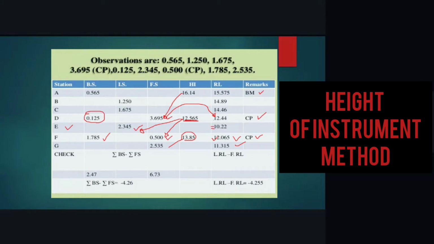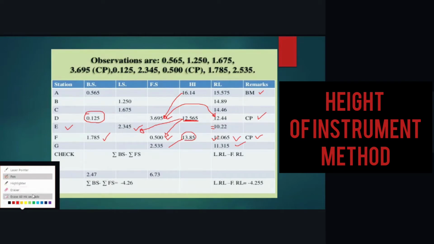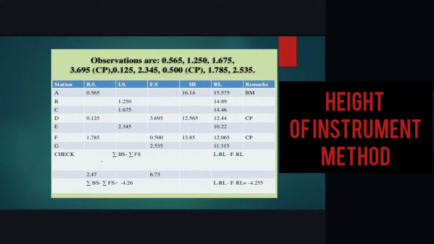And then you have to calculate the corrections, if there is any error or not. So you can easily calculate, as I have told you in the previous lecture, that summation of backside minus summation of foresight. So you are going to add this column, and add the readings of this column, and find the difference, so it will come minus 4.26.